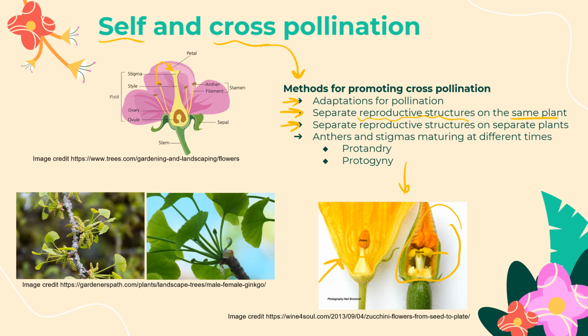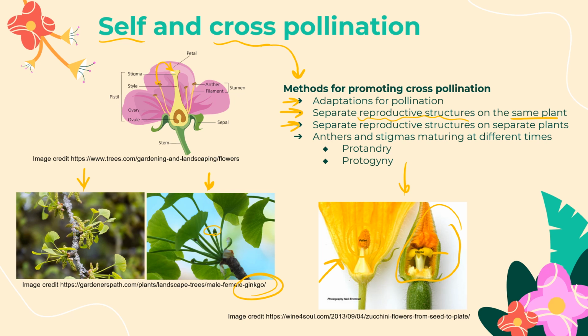So this is ginkgo. Ginkgo comes in male ginkgo trees and also female ginkgo trees. So whole entire trees are producing only anthers, only pollen. Whole entire separate trees are female and have the stigmas and the ovules.